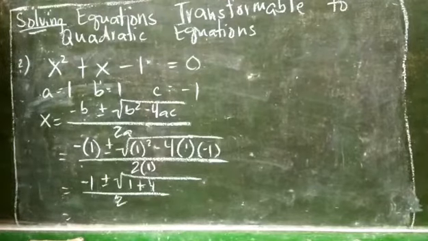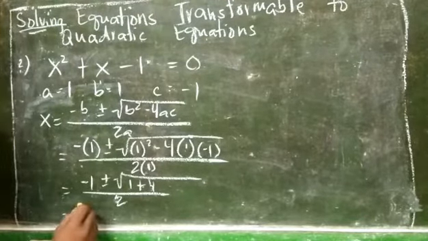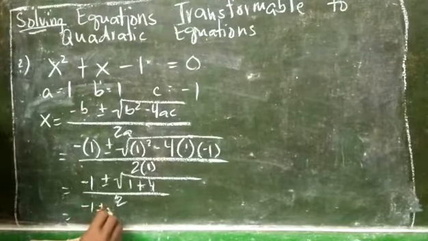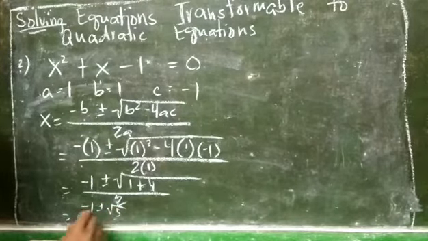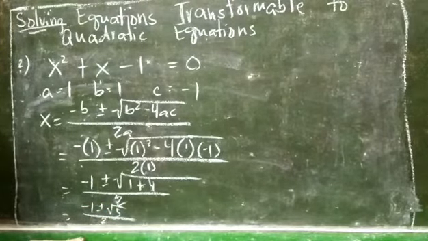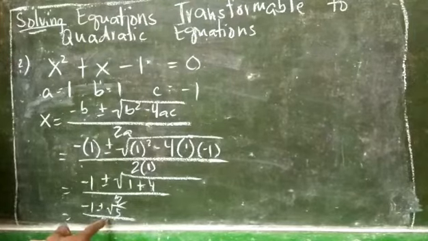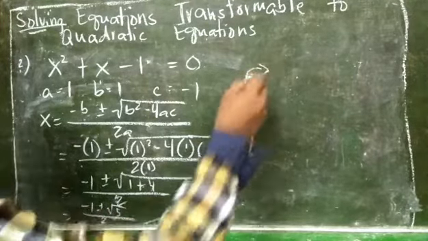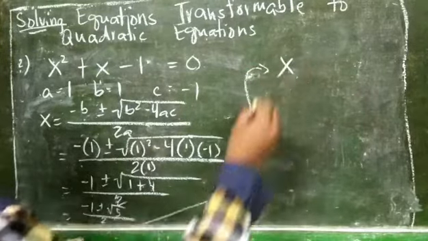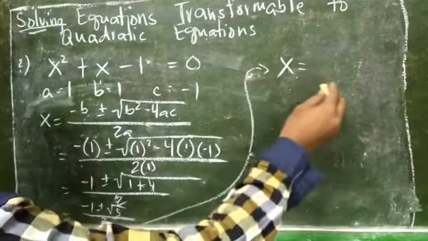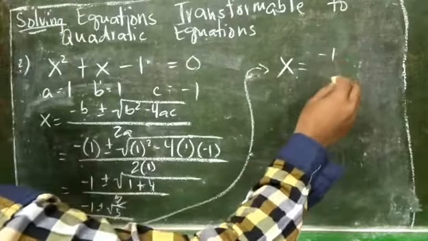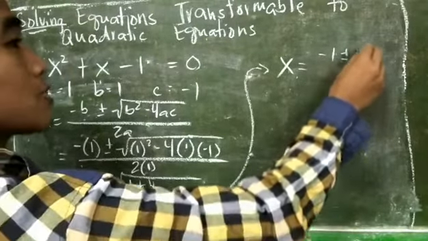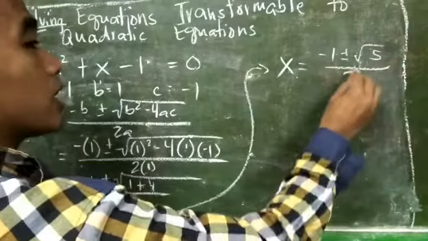So, let's simplify further. So, negative 1 plus minus square root of 5 all over 2. Okay, so since we cannot simplify square root of 5, that would be the final answer. So, yung roots natin would be x equals negative 1 plus minus square root of 5 all over 2.